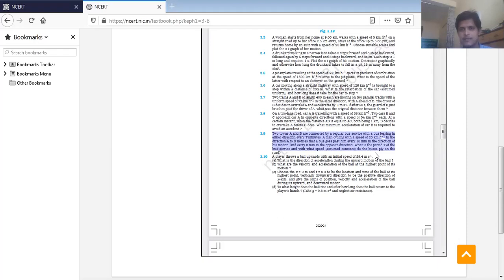What is the period T of the bus service and with what speed do the buses ply on the road? So we have been asked what is the time interval between two successive buses, and another thing is what is the speed of the buses.